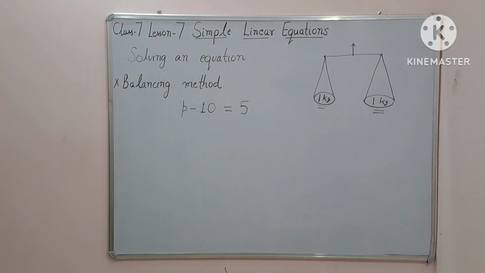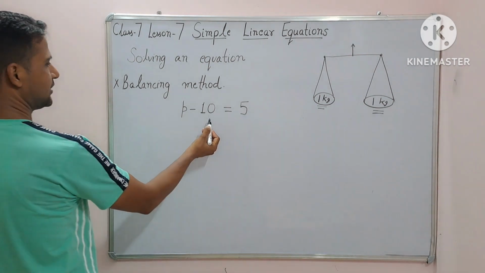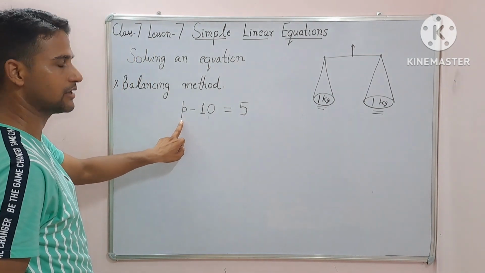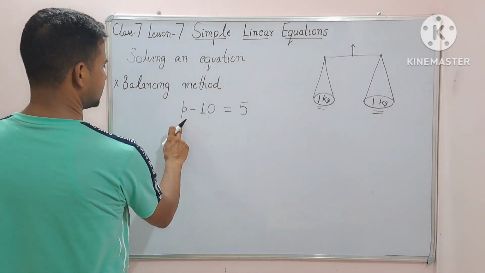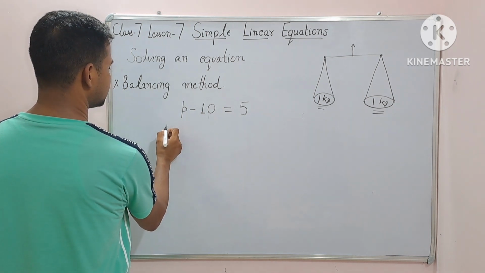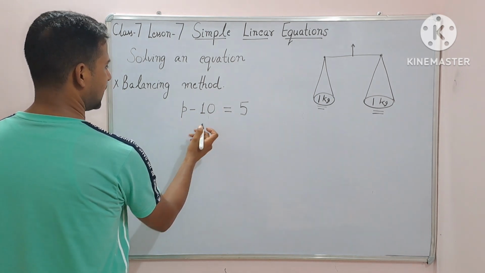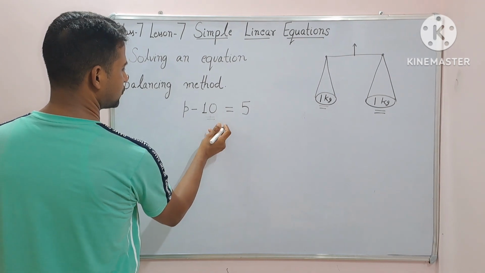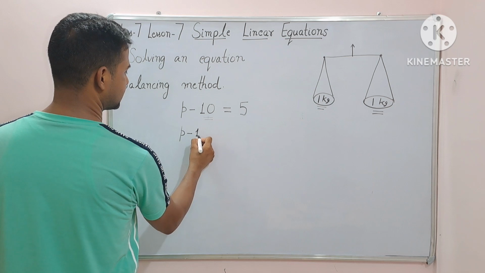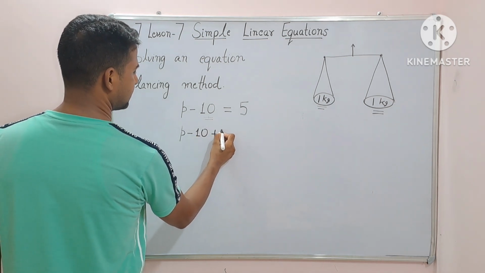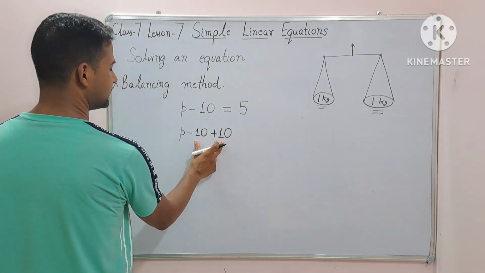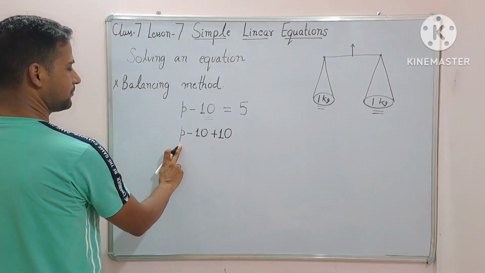Now solve this: p minus 10 is equal to 5. We have to find the value of p. This is a variable. For this, what we will do, add 10 to the left hand side. p minus 10 plus 10, minus 10 plus 10 will be 0, only p will be left here.